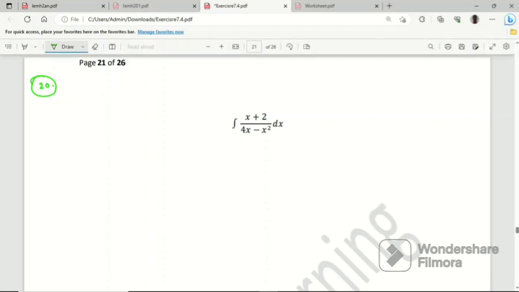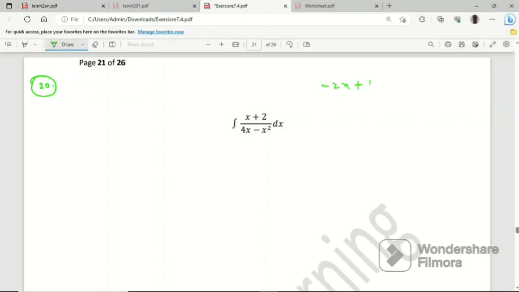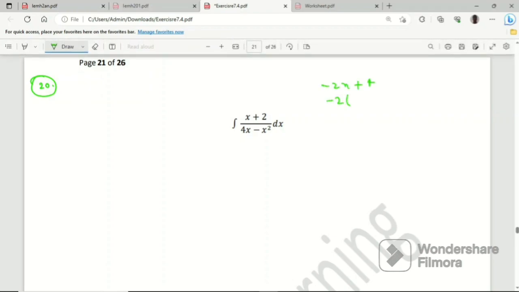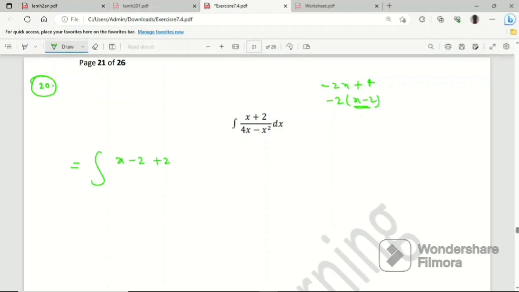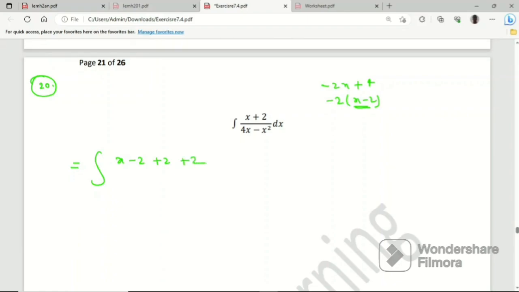See, we need the differentiation of the denominator, which is minus 2x plus 4. I can take minus 2 common, I will get x minus 2, I need. So x minus 2 I need in the numerator. So what I will do here, x minus 2 I'll write, extra. So plus 2 minus 2 I will have to add. It will be 2.